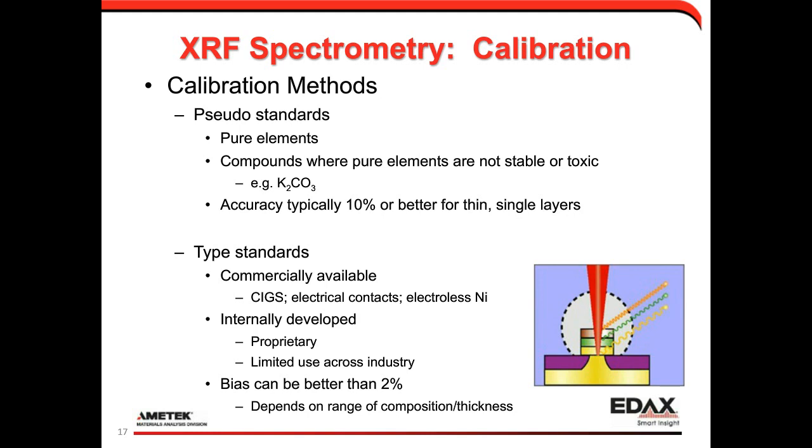Now, type-matched standards, there's a lot of commercially available ones for coatings that are widely used out in industry. So, for example, electrical contacts, electroless nickel. These are commercially available materials. A lot of pure element type coatings: gold, nickel, palladium, silver, tin, you name it. It's very easy to make foils out of these, and that's generally what they'll use as a commercially available standard.